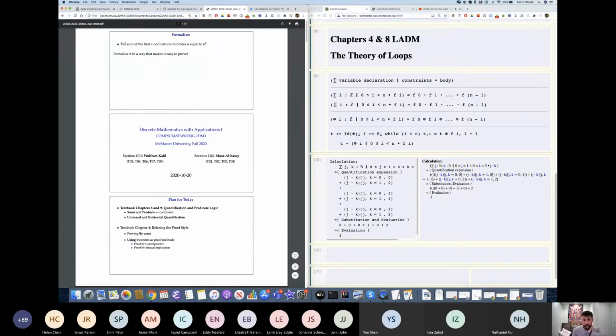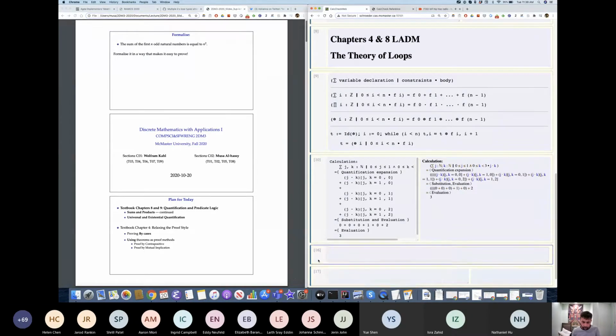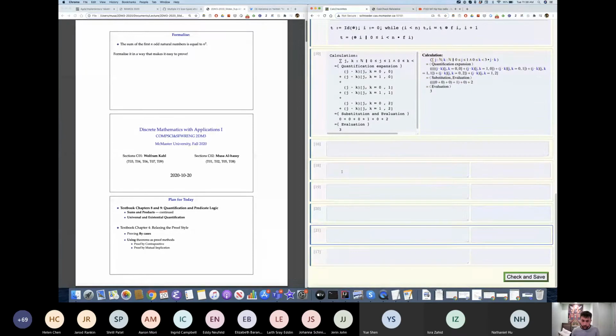So this first problem says, how do you formalize the sum of the first n odd numbers is equal to n squared? So let's try doing that. Okay. So we can say the sum of the first n odd numbers is equal to n. So we can say theorem, sum, i is a natural number with i less than n.